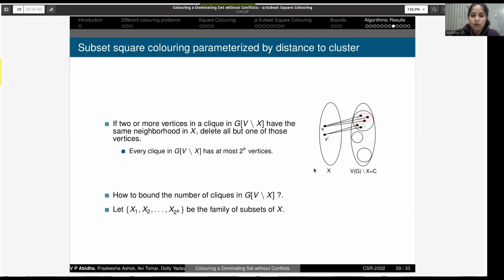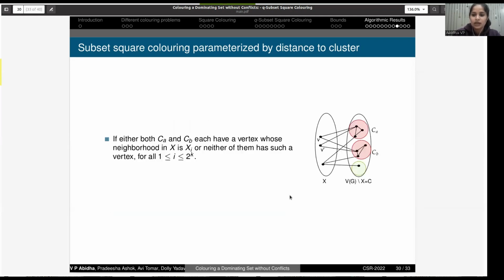Now we need to bound the number of cliques. For that, we can consider a family of subsets of X, that is X1, X2, up to X 2 power k. Let's consider two cliques CA and CB.